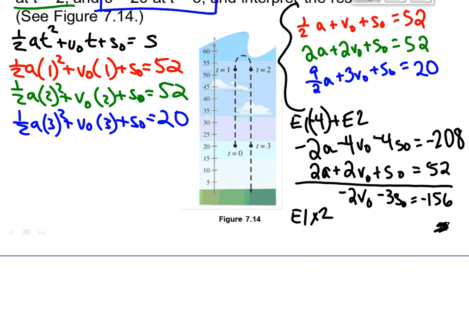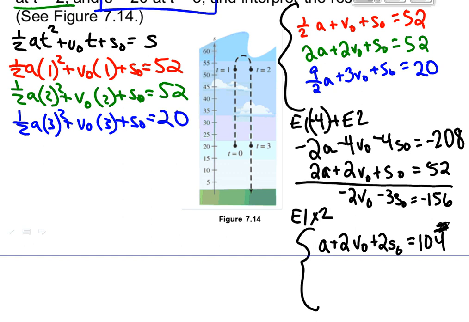I'm using this red one way up here, and I'm just multiplying through by 2. And so I'll just write the solution for that part. And so that is going to give me then A plus 2v sub 0 plus 2s sub 0 equals 104. And that just gets me a little closer to row echelon form.